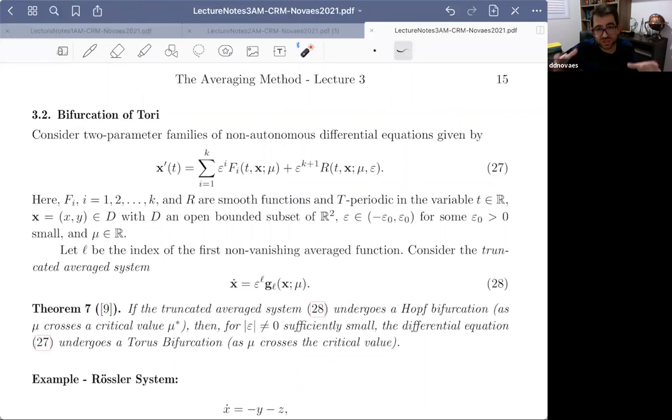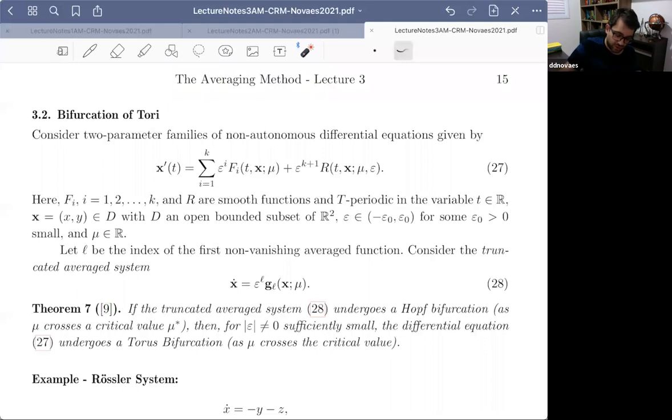So all the objects that we have found here are invariant objects because they are periodic solutions, but as a manifold, it has dimension 1. Then we wanted to pass to the existence of invariant manifolds, but with higher dimensions, in this case dimension 2.